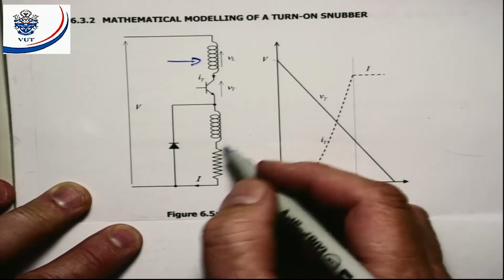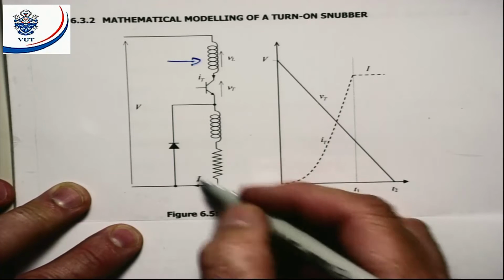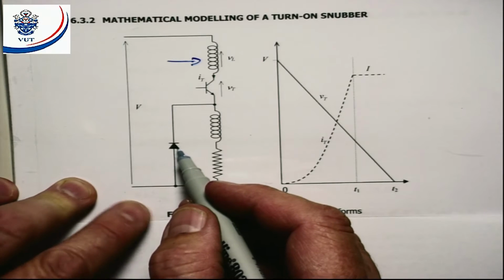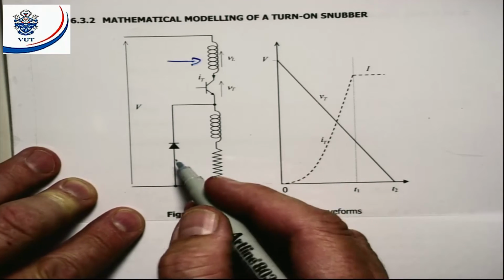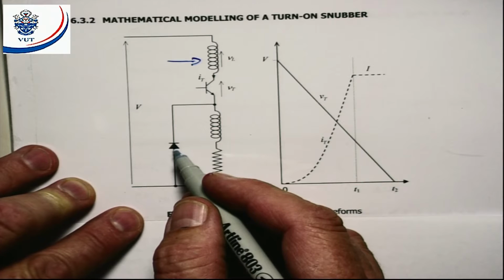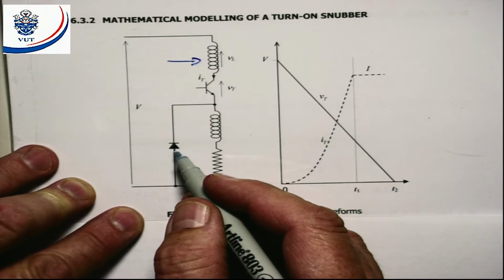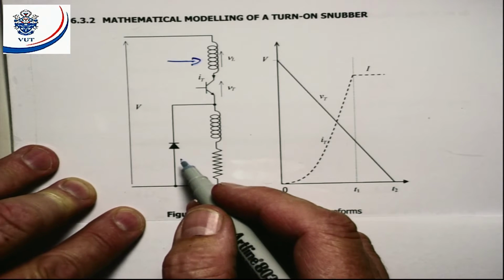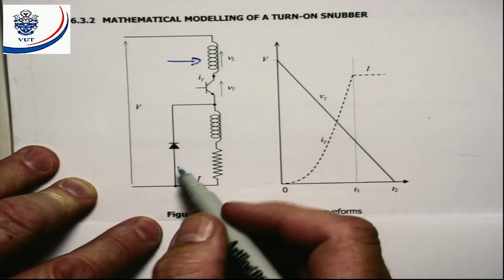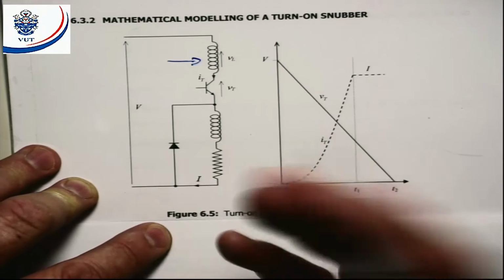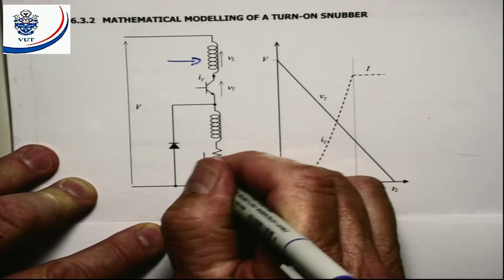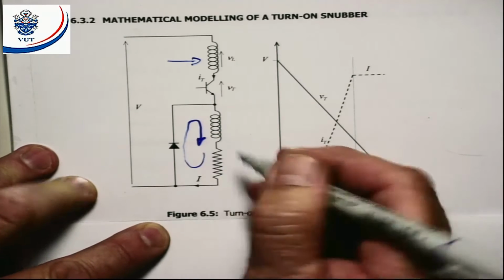Here we still have the RL load, and we still have our flyback diode there. When will the diode switch on, or when will it switch off? Which one is it now? It's the turn-on snubber. So the current was flowing like that.